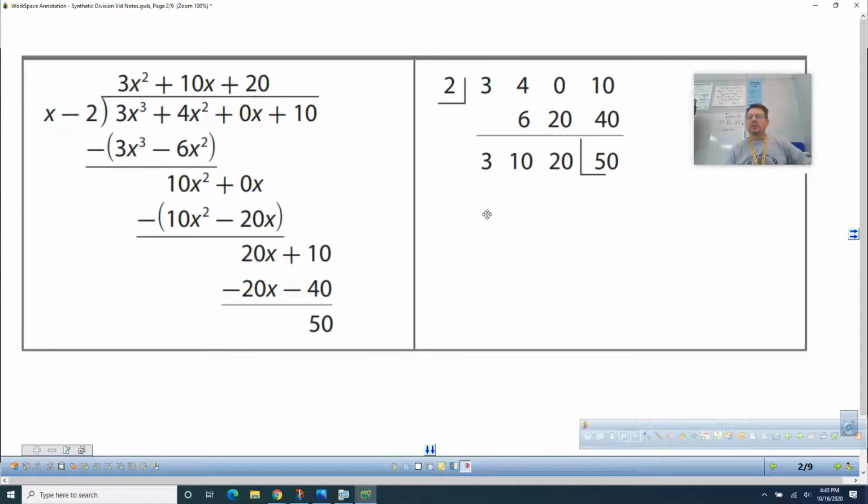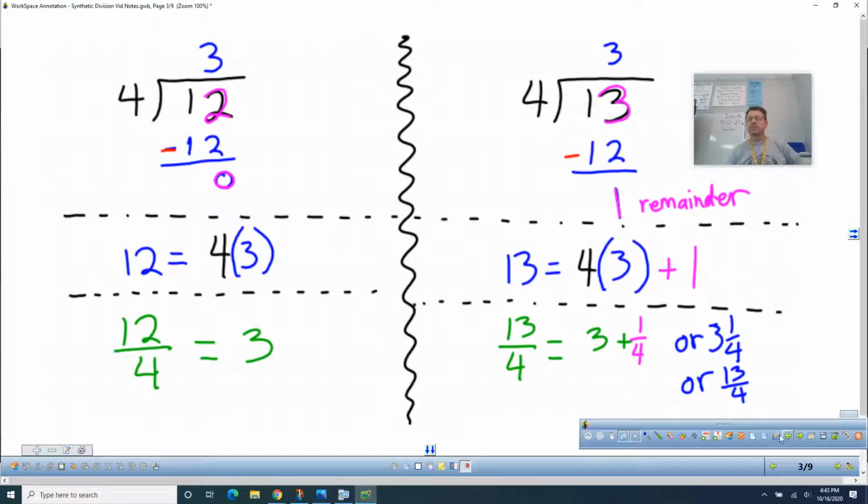Now, how could we express these answers? There's a couple of different ways we could do that. I want to go back up a little bit to 12 and 13. Let's look at these two examples. This is 12 divided by 4 equals 3, and it gives me a remainder of 0. So I could express that as 12 is equal to 4 times 3.